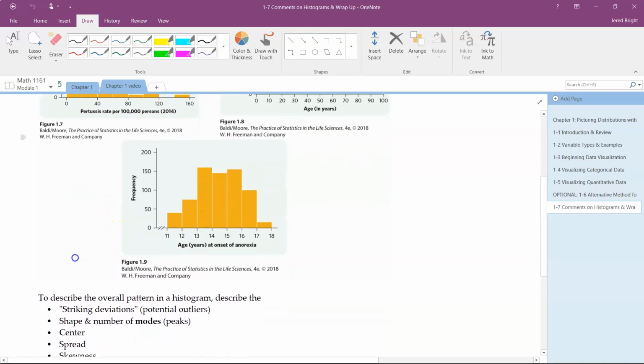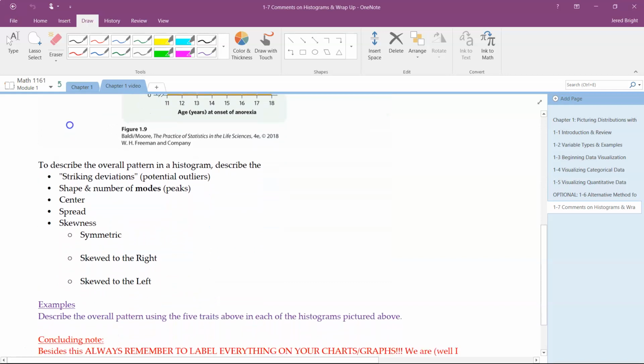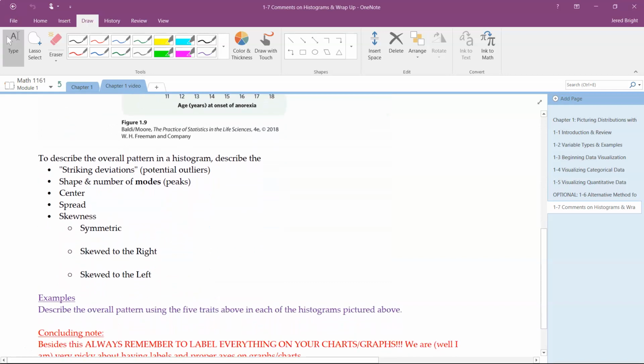When we talk about histograms, there are these features that we want to describe, and so we capture them under these 5 general categories. When we talk about a histogram, we want to first describe any striking deviations. You might be familiar with the term outlier or extreme value. I don't want to use outlier because in statistics there is a particular meaning associated to an outlier.